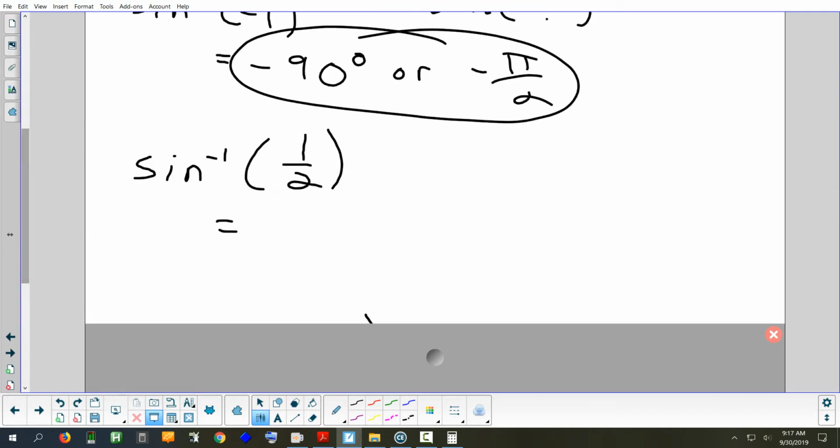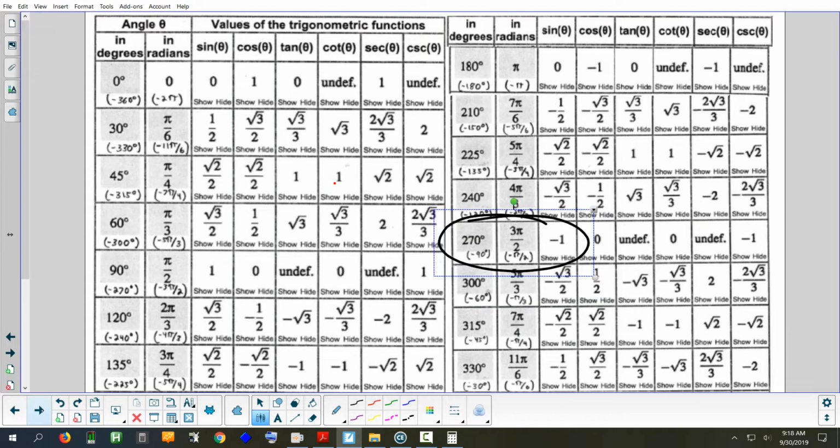Okay, let's try inverse sine of 1/2. Let's look at our table. Now be a little careful with this one.